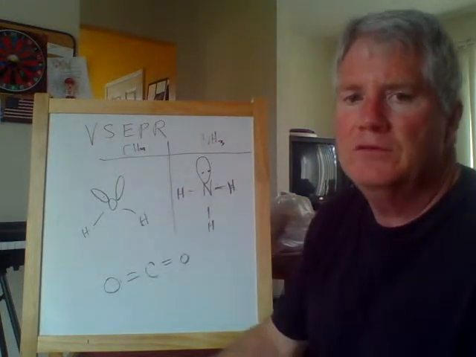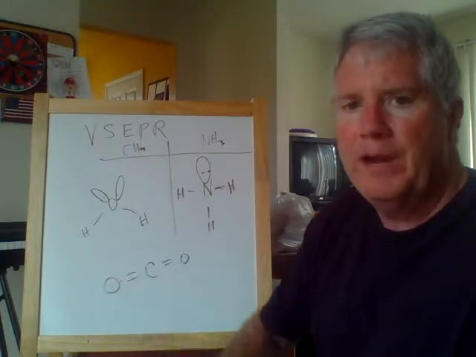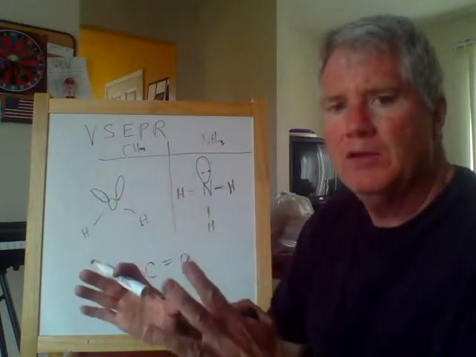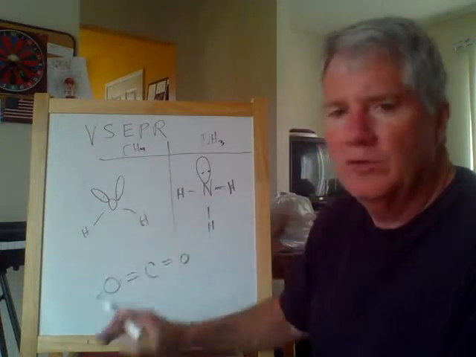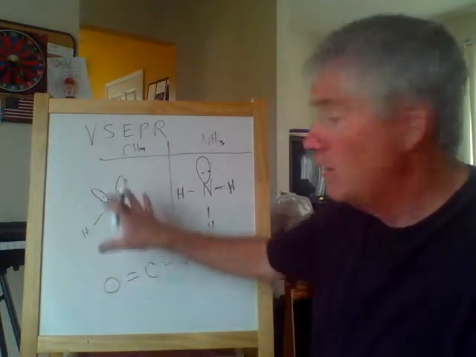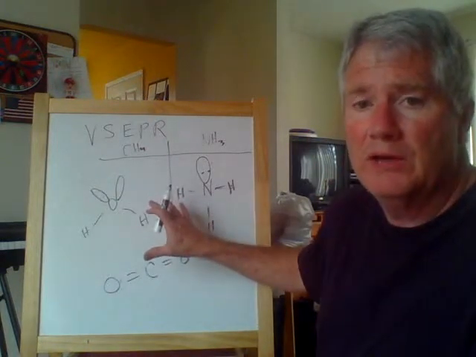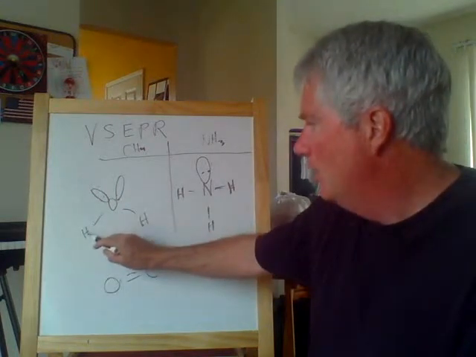So even in water, the central oxygen atom is surrounded by 4 pairs of electrons that all repel each other. And so if you just look at the electron clouds themselves, the electron configuration is roughly tetrahedral. But if you look at the molecule itself, the molecule is actually bent.